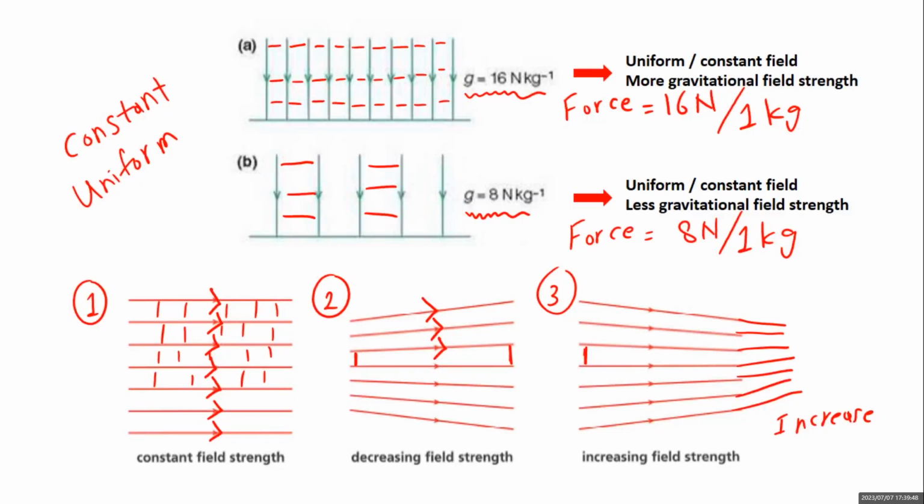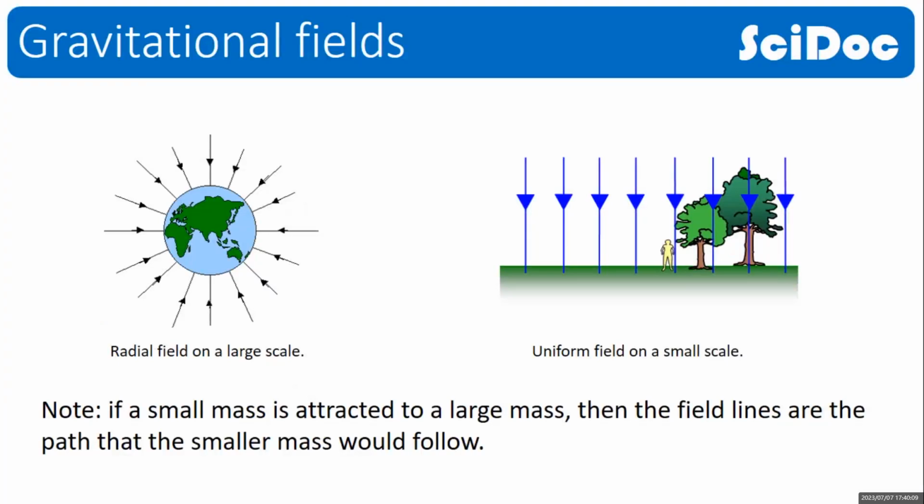Each line is representing a gravitational field here; there is some gravitational force felt here. So if there are more lines close to each other, we say that the field is stronger. And if there are fewer lines, or the lines are spread out, we say that the field is decreasing.